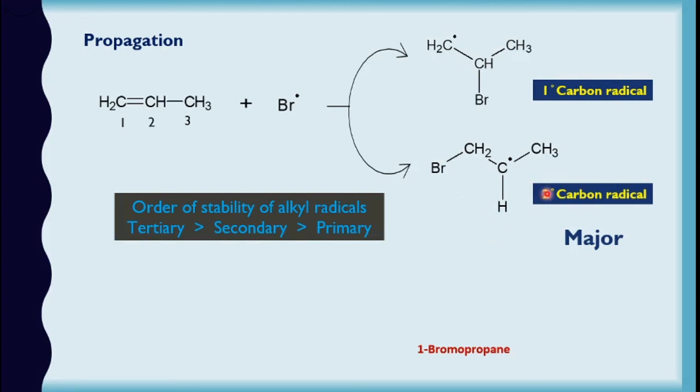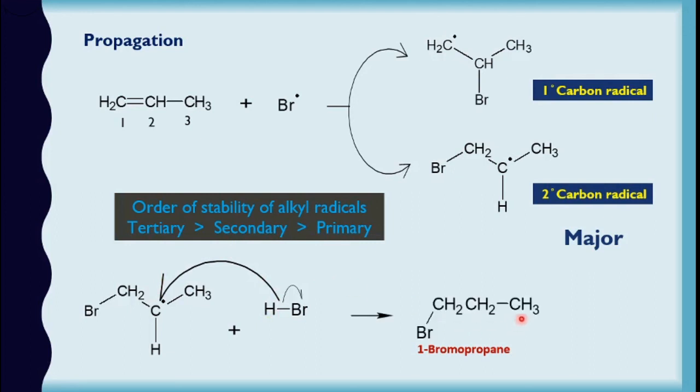This intermediate will react with another reagent molecule, that is HBr. Now what will happen? A hydrogen atom will be abstracted by this intermediate radical, and it will give you your product, that is 1-bromopropane, and you get again a free radical, that is the bromine radical.